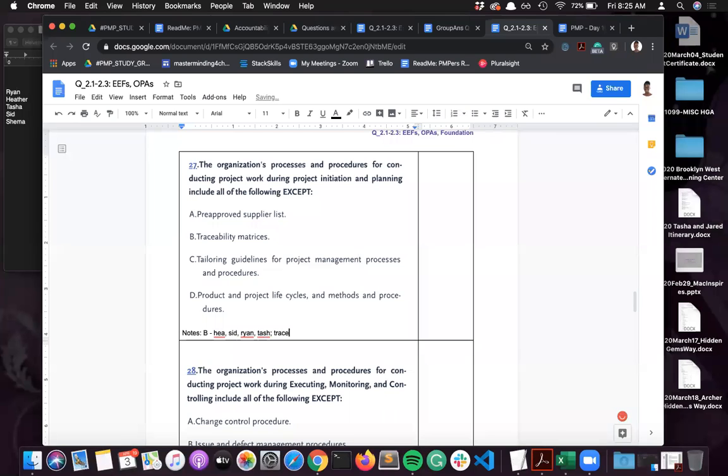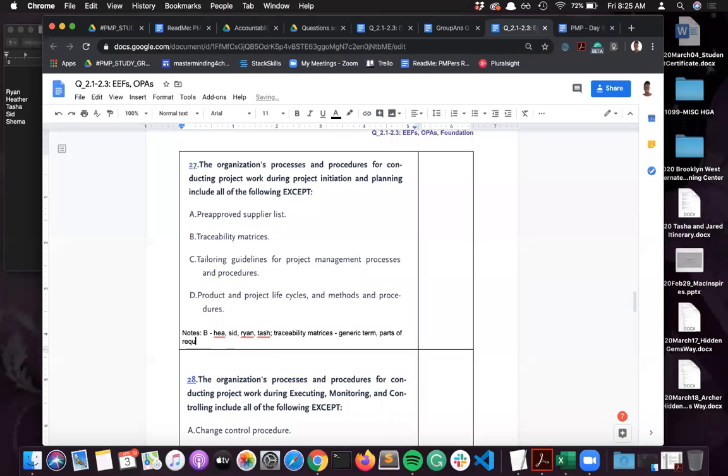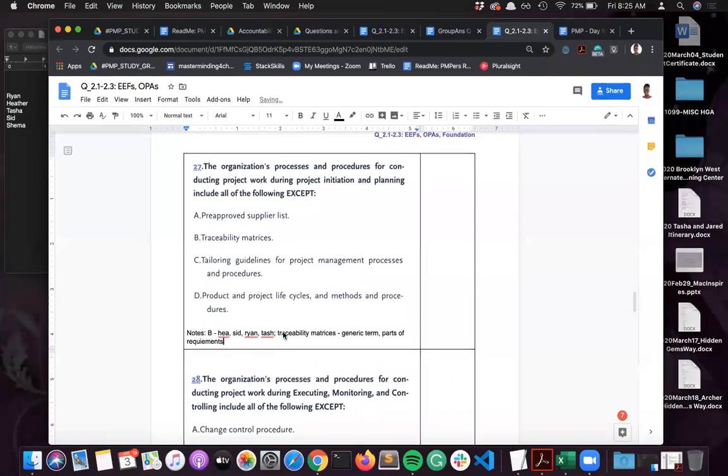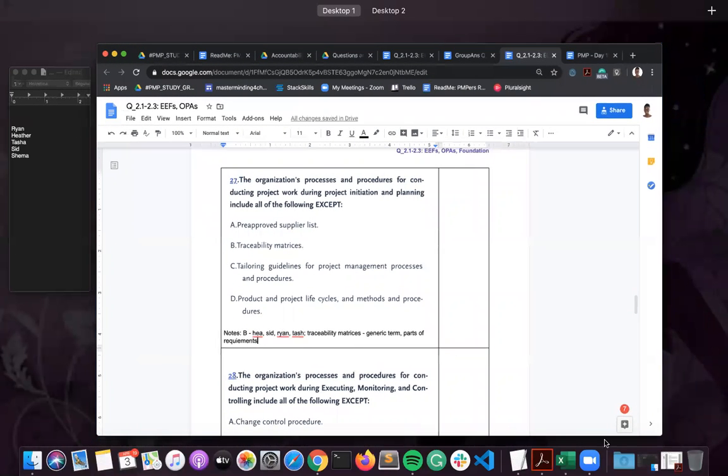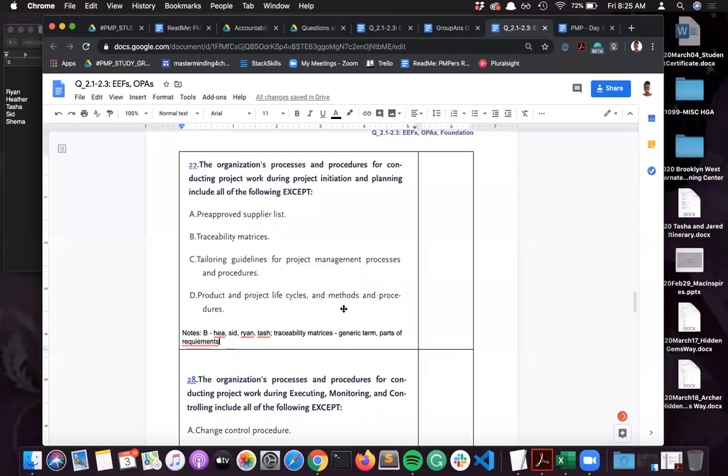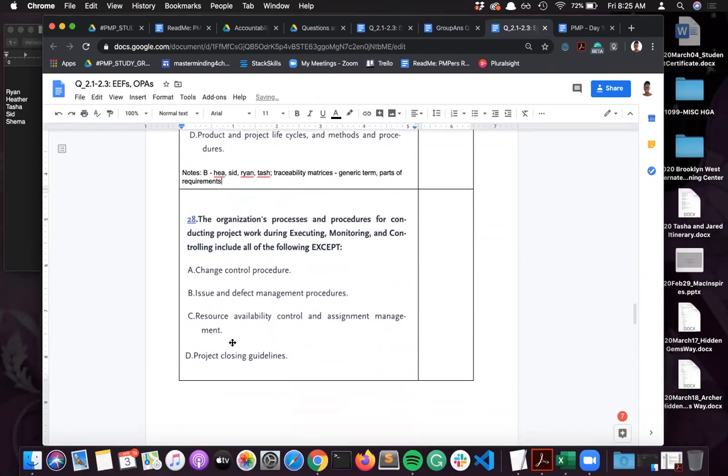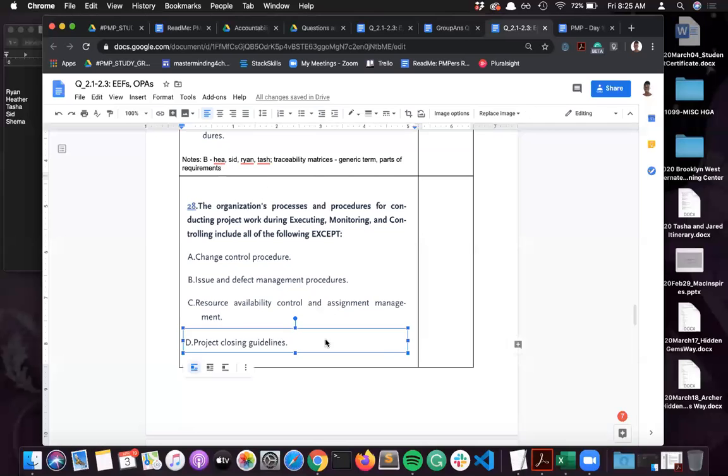So you have specific traceability matrices, like risk traceability, resource and whatnot. It's part of requirements. I just looked it up. Okay, I'll trust y'all and I'll look it up some other time in life. Okay, next is me.